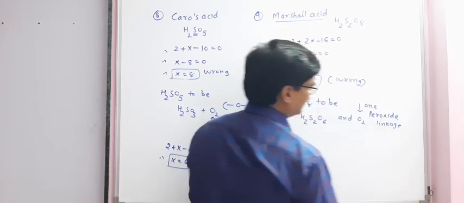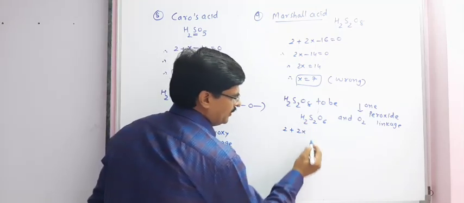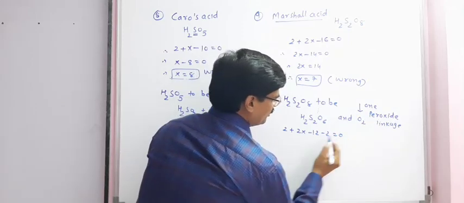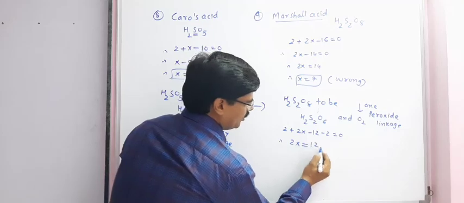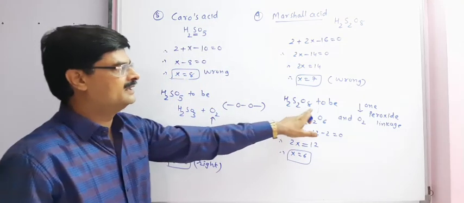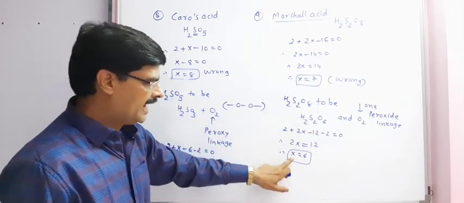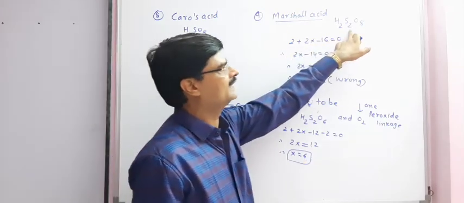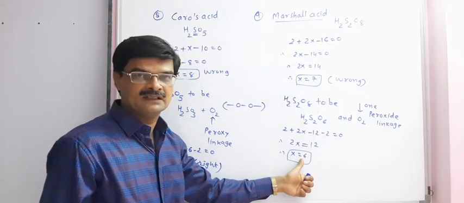Let us take 2 plus 2X minus 12, minus 2 is equal to 0. Minus 2 plus 2 cancel. So we get 2X is equal to 12, X is equal to 6. By this trick method, we can find the actual possible oxidation state in Marshall's acid, H2S2O8. So this is the real answer.